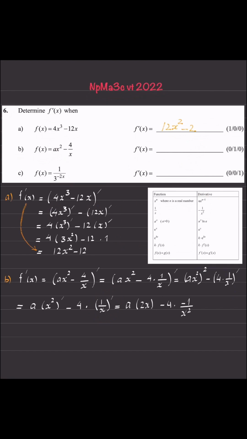But be careful, you have to write the simplified version there. So a times 2x becomes 2ax, minus 4 times minus 1 gives plus 4 over x squared. And this is the answer that you are supposed to provide there: 2ax plus 4 over x squared.